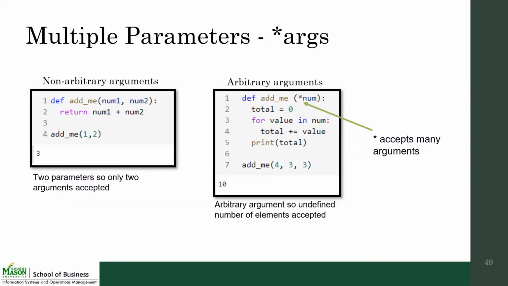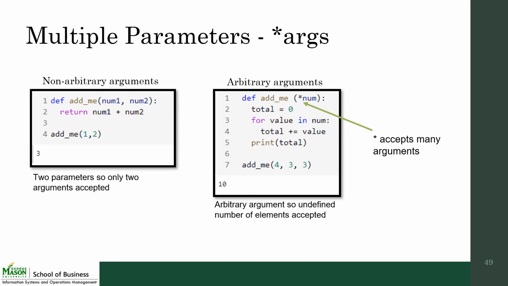Here's an example of two user-defined functions. The one on the left is limited to only 2 arguments when the function is being called, and the one on the right takes an unlimited number of arguments. Both functions have the name addMe, and the purpose is to add whatever type of arguments are being passed into that function.